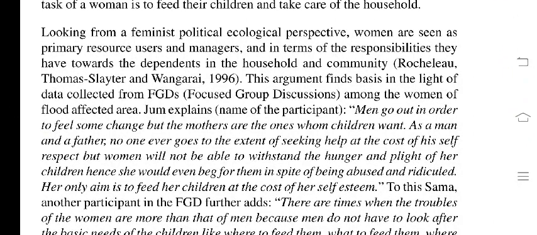Looking from a feminist political ecological perspective, women are seen as primary resource users and managers, and in terms of the responsibility they have towards the dependents in the household and community (Rocheleau, Thomas-Slayter and Wangari, 1996).